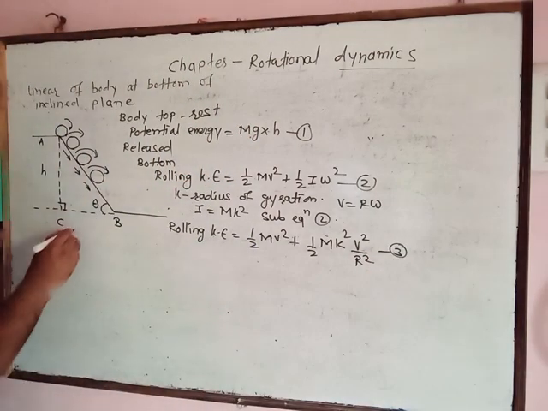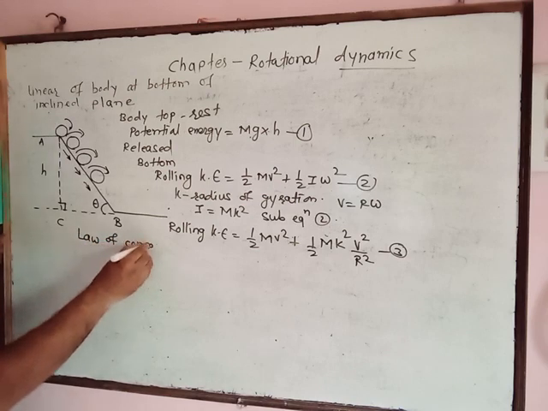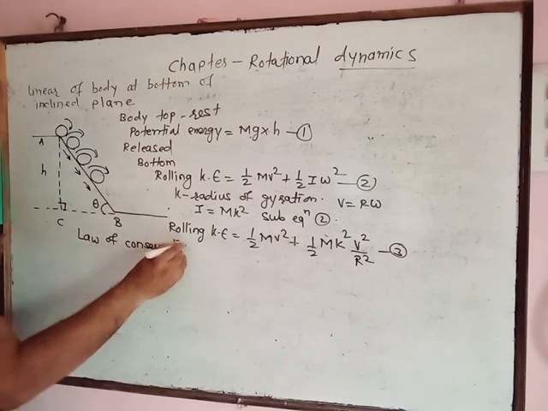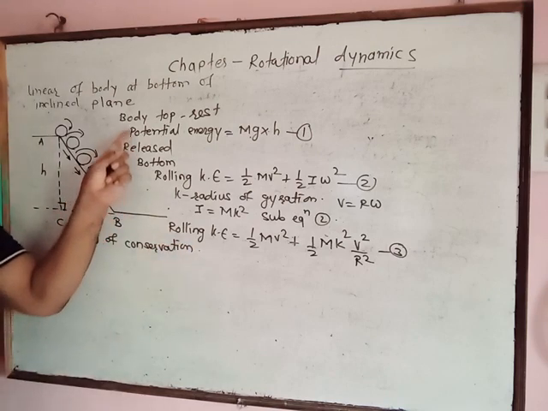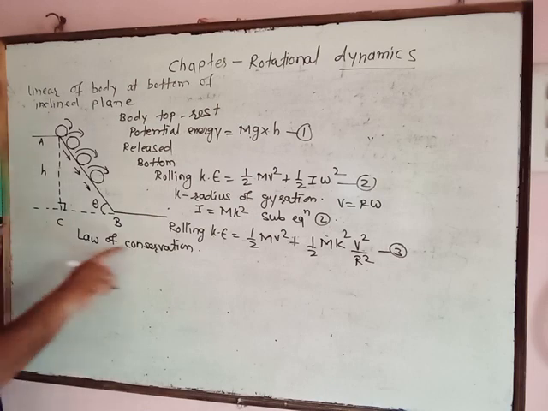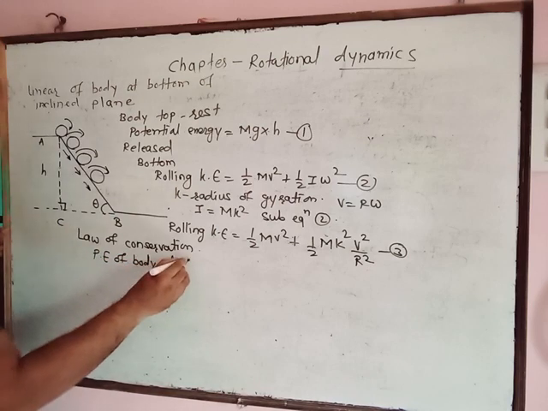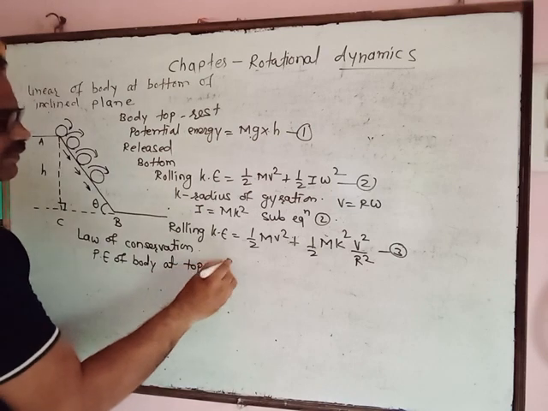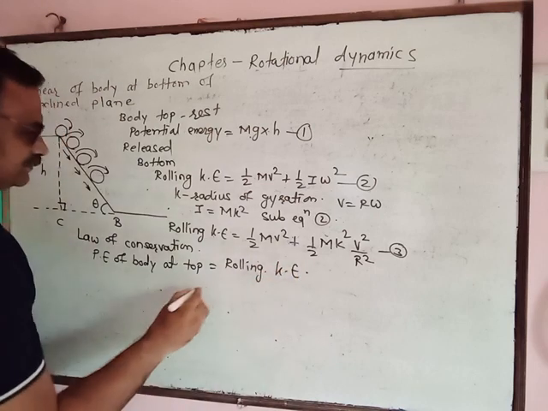Now, by the law of conservation of energy, when the body is released from the top, potential energy at the top position is converted into rolling kinetic energy. Therefore, by the law of conservation, we write: potential energy of the body at the top of the incline is converted into rolling kinetic energy.